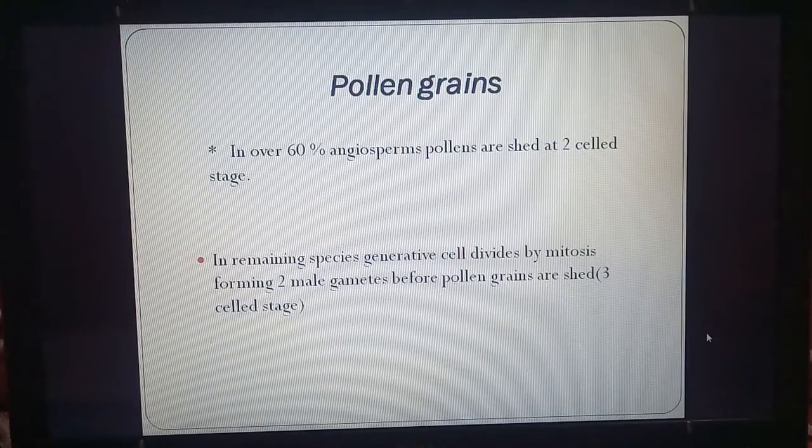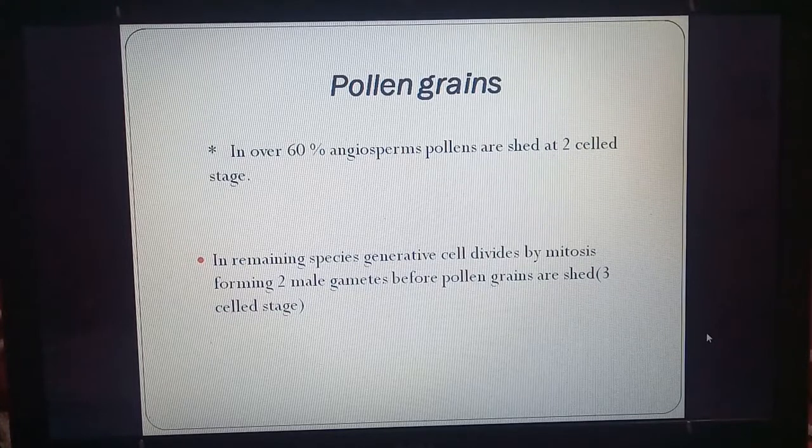In about 60% of angiosperms, pollen are shed at the 2-celled stage. So when the pollens are released, they have 2 cells. What are the 2 cells? Vegetative and generative.